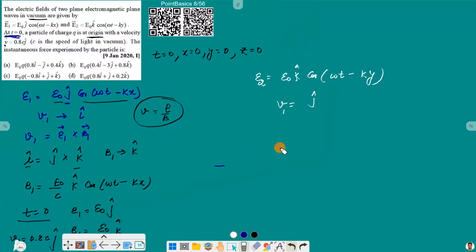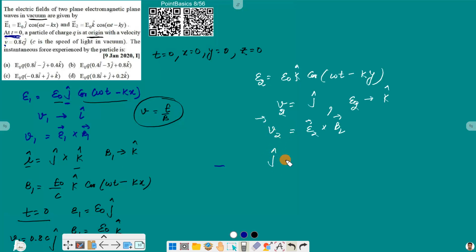Okay, so coming back, the velocity of the wave is along j, and the electric field here will be along positive k. So we suppose this is v2, and this is E2, so v2 will be in vector form the cross product of E2 and B2.